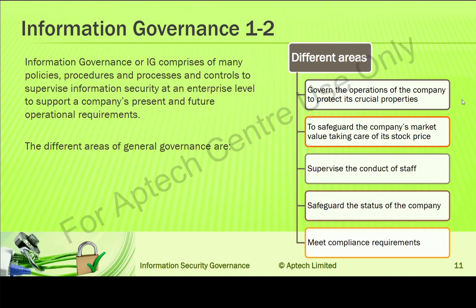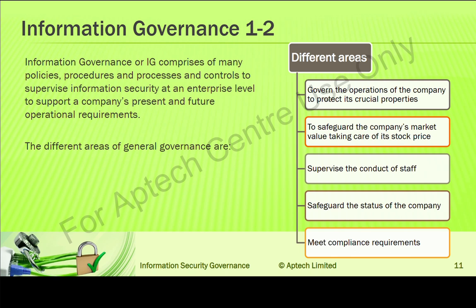Now, information governance, or IG. Information governance comprises many policies, procedures, and processes. This is where we have policies, procedures, processes, and controls to supervise information security at an enterprise level to support a company's present and future operational requirements.